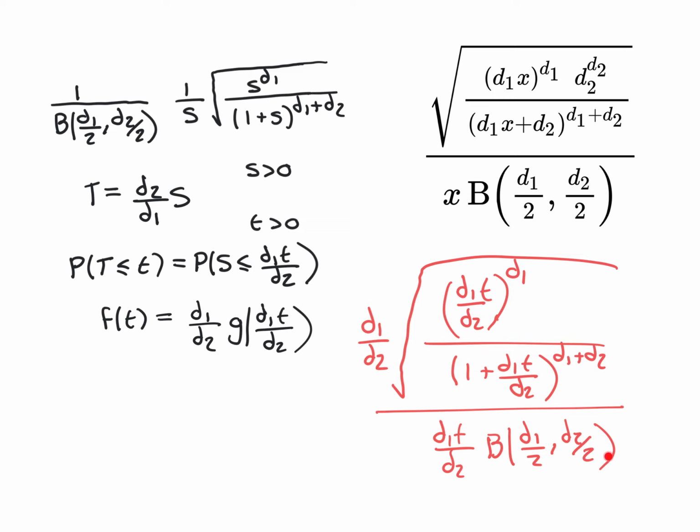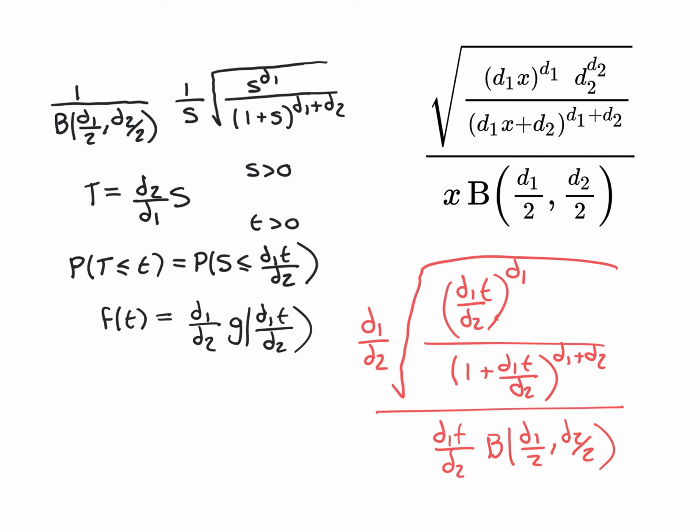So this should now be the PDF of my F-distributed random variable on the positive real line. And remember, on the negative and 0 numbers, it's just 0. So this is the only bit that's interesting. Now all we need to do is finally do a bit of cancellation. You can immediately see that this d1 over d2 here cancels with the d1 over d2 here.